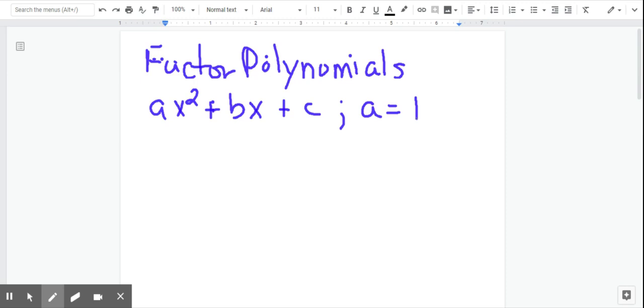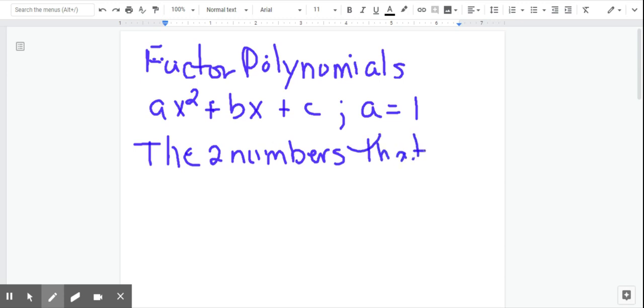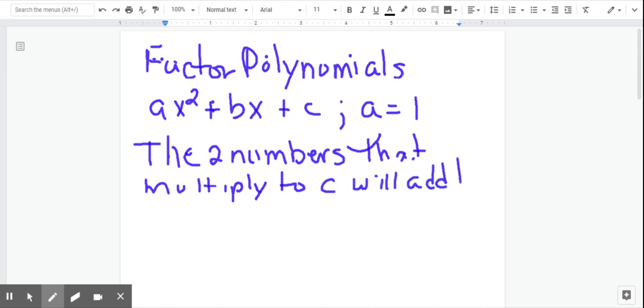When you're factoring a trinomial with the a being 1, then we can use the fact that the two numbers that multiply to c will add to b.